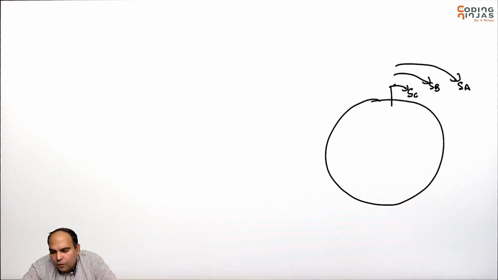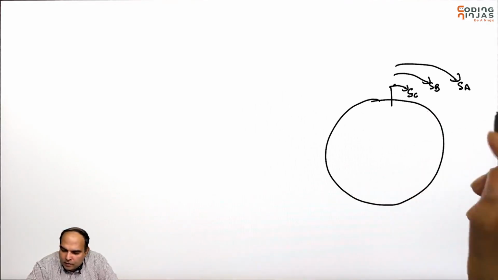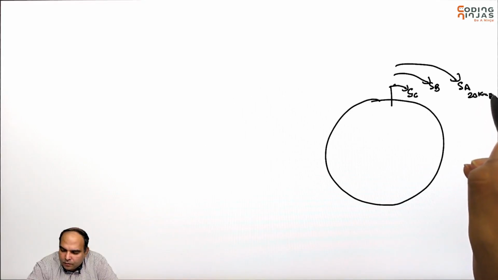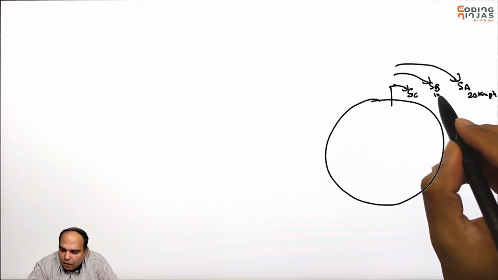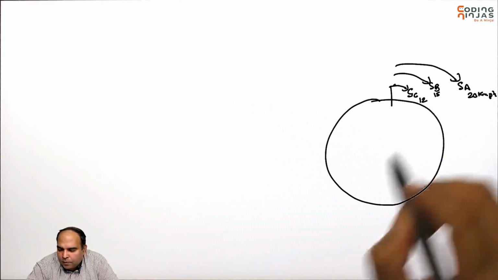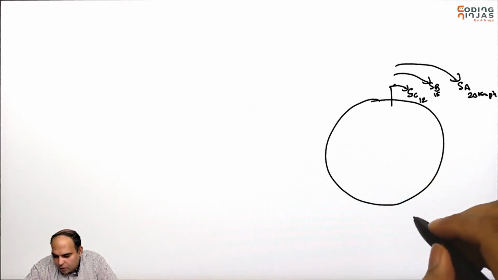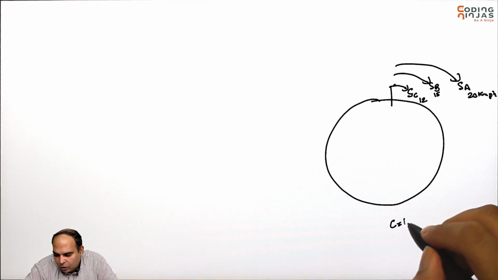The typical question: the speed of A is 20 kilometers per hour, the speed of B is 15 kilometers per hour, and the speed of C is 12 kilometers per hour, and they are running around a circle whose circumference is 100 kilometers.